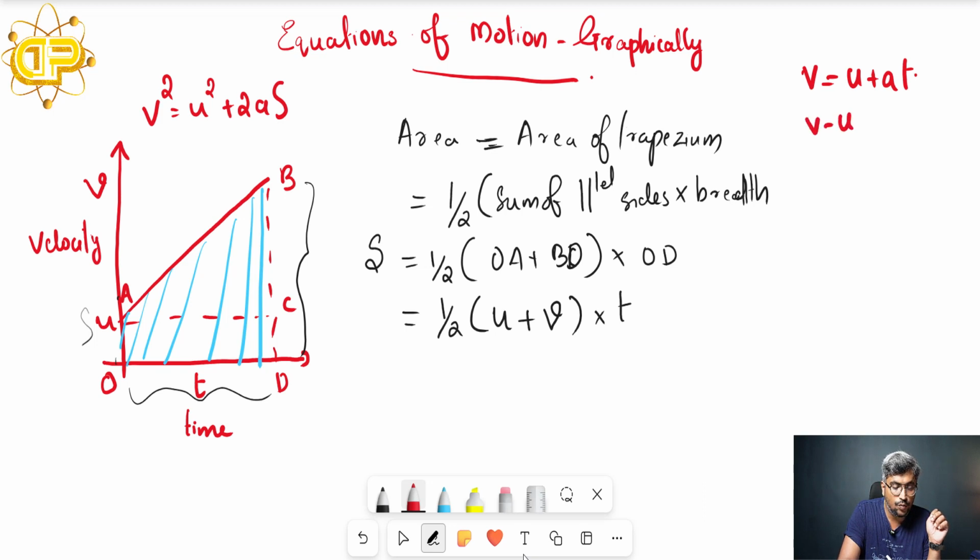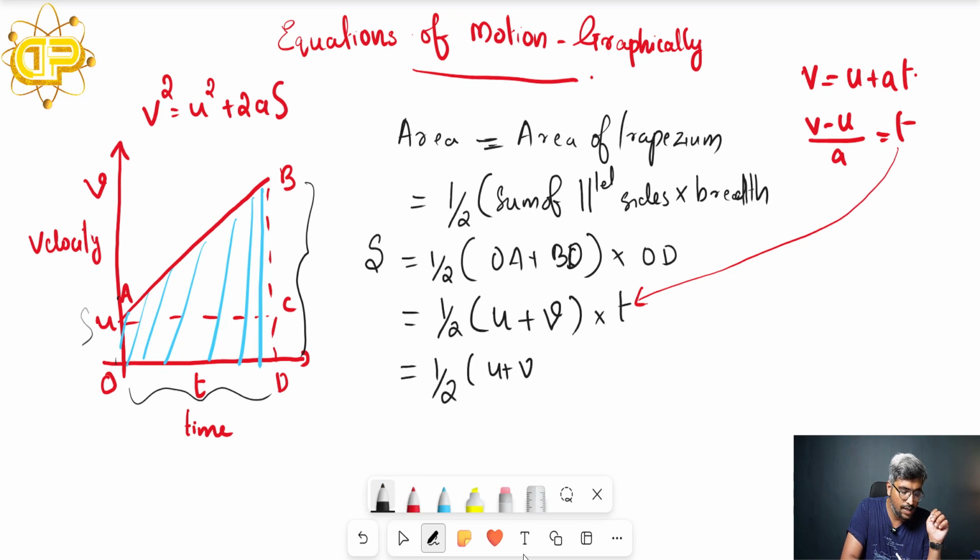V minus U by A is nothing but T. So instead of this T, you are substituting this value here and you are getting half into U plus V into V minus U by A. This is equal to S. Now S is equal to V plus U and V minus U. What is that? A plus B into A minus B is A square minus B square. So here V square minus U square divided by 2A.